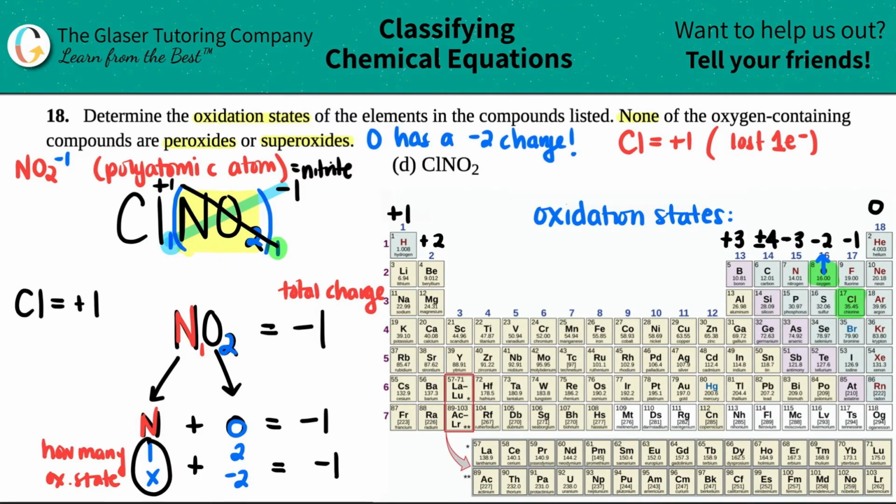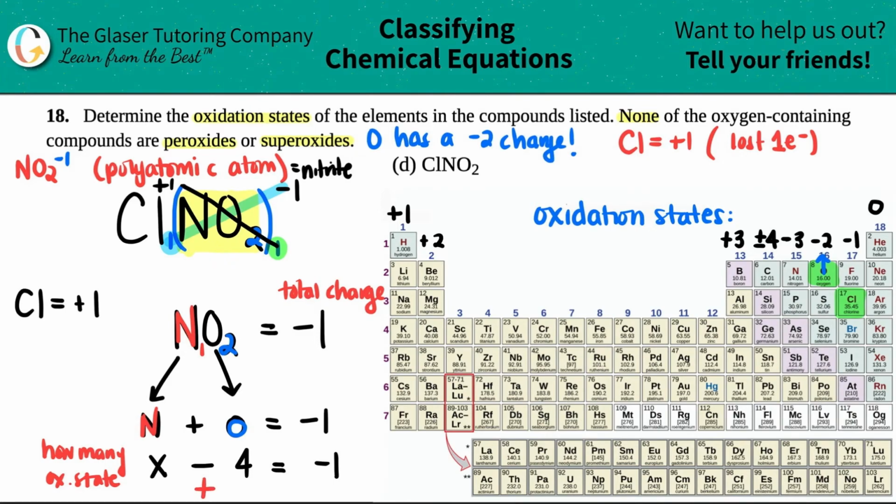So 1 times X would just be X. 2 times -2 is a -4. So X plus a -4 is the same thing as X minus 4. And now we have a nice little formula. X minus 4 equals a -1. It equals the total charge.